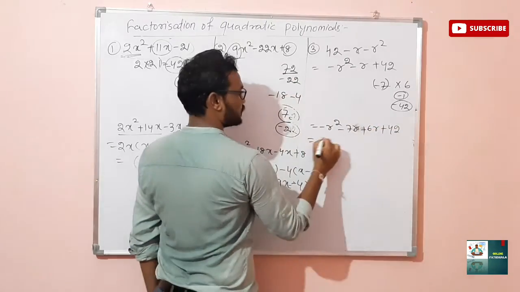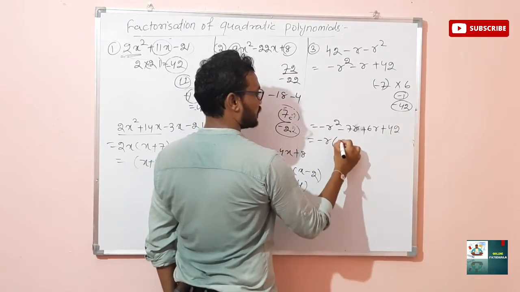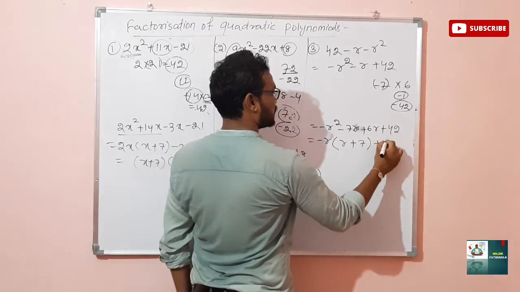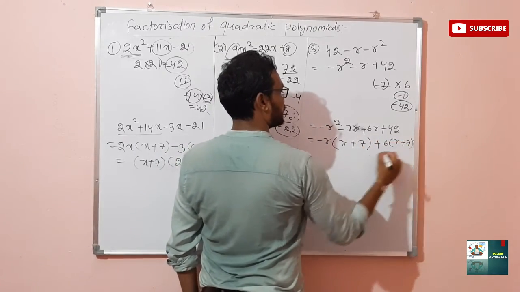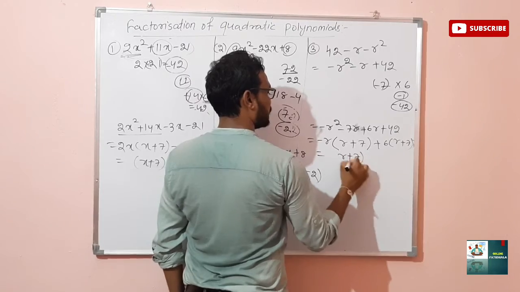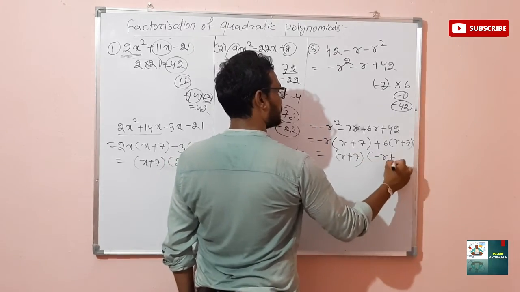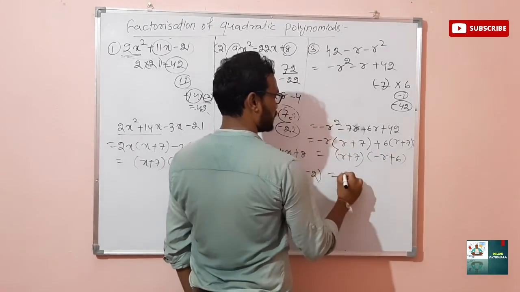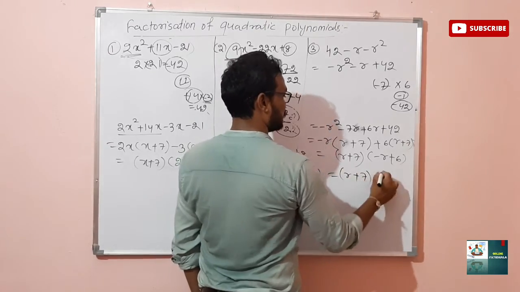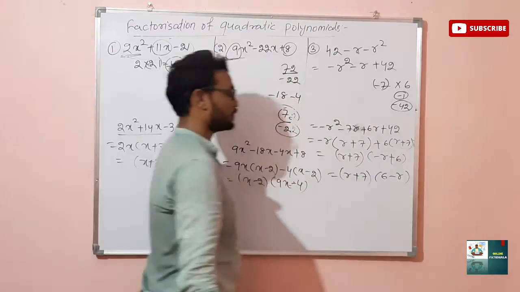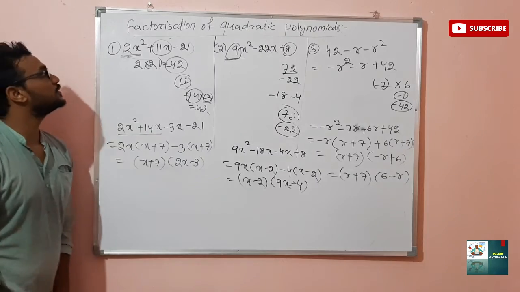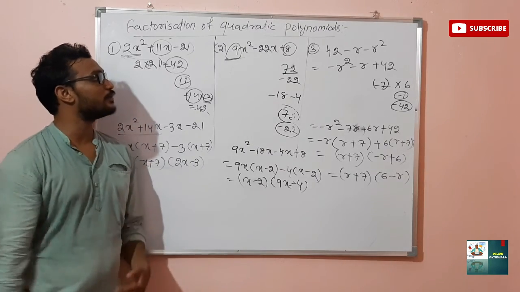If we take minus r as common, here r plus 7, and here 6 is common, r plus 7. So the factorization is r plus 7 and minus r plus 6. This is the factorization of quadratic polynomials.